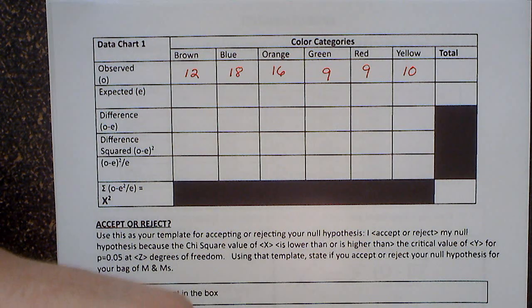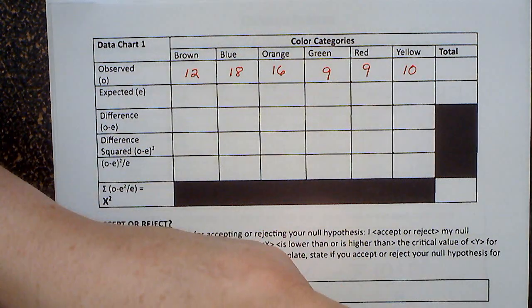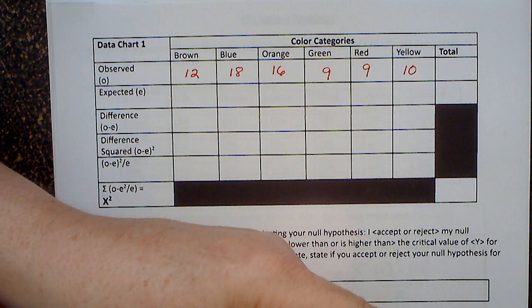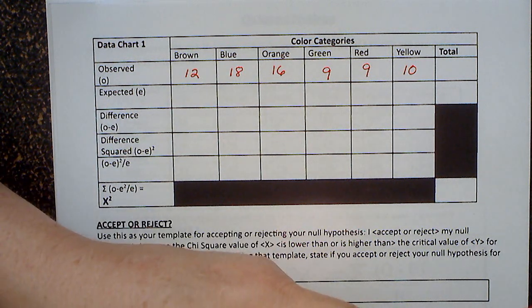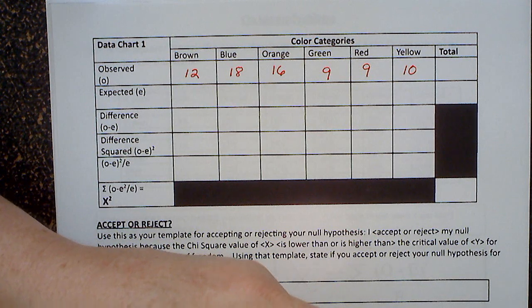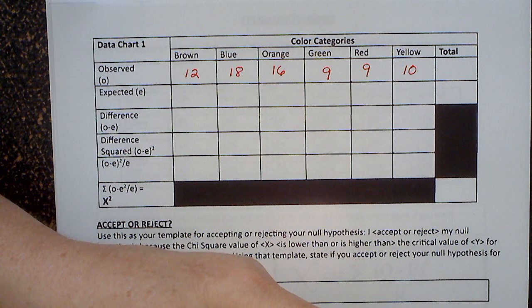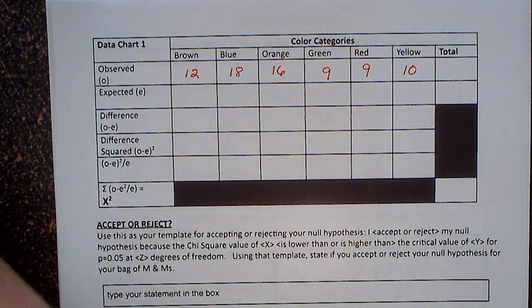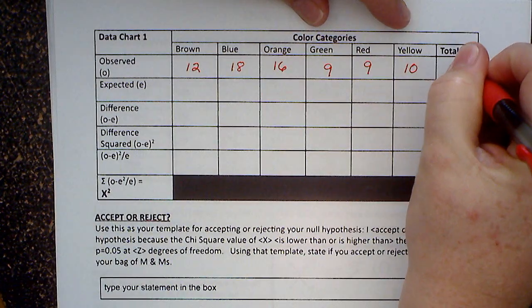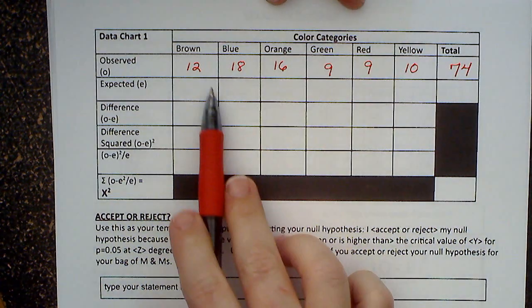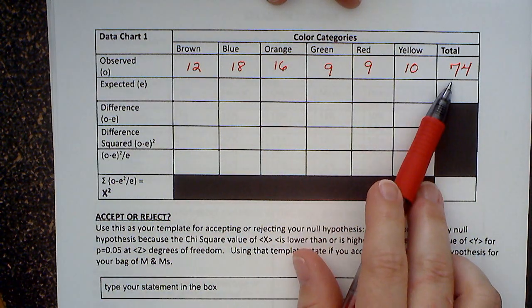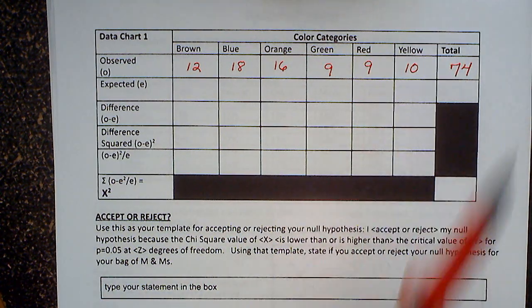You can probably do it faster than I. All right, so I've got 12 plus 18 plus 16 plus 9 plus 9 plus 10. Okay, I hope that is 74. All right, there's our observed data for our new M&M experiment.